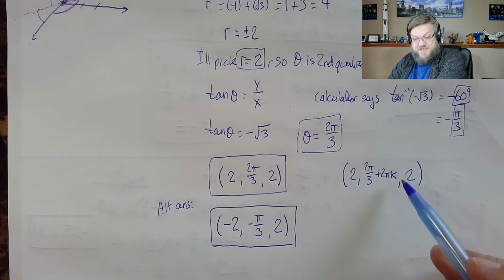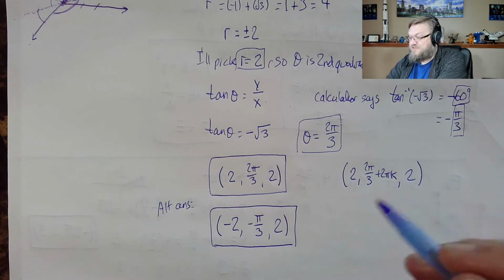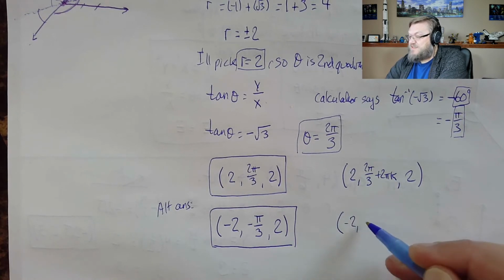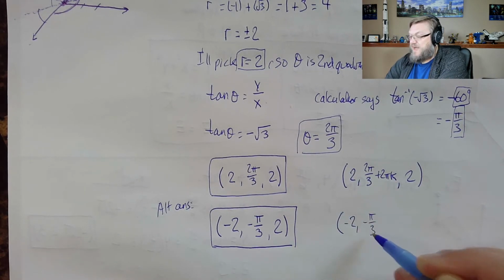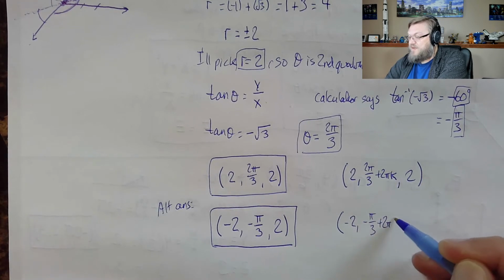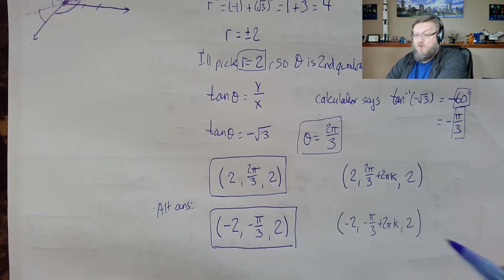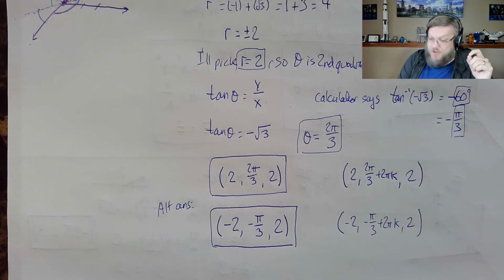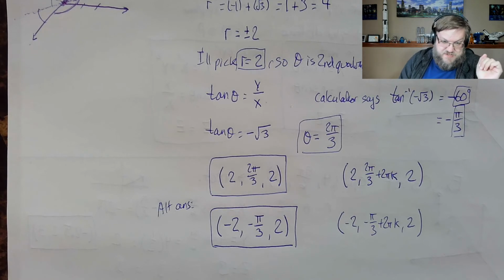Anything you put in for k is a correct answer for an integer there. Same with this. So there's literally an infinite number of possibilities that are correct, but of course there are infinitely many more answers that are incorrect. Yeah. So anyway, that's what we got there. Any questions with those conversions?